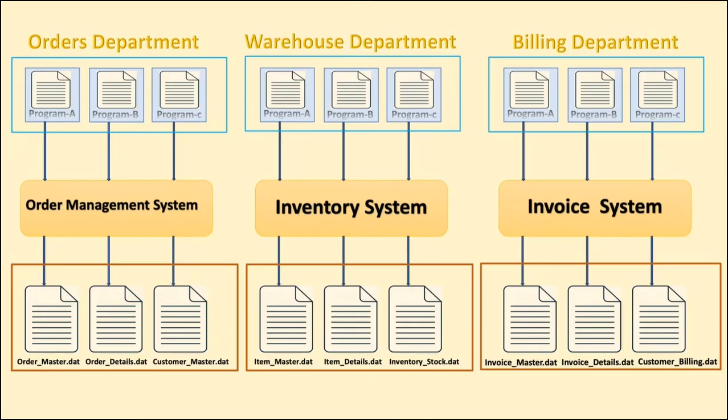Then how does it work basically? Each department has its own set of files, right? That is fine. It uses independent programs to process these files, that is also fine. And one more thing is that here there is no option of sharing the files with the other departments, and you can't even share the data.